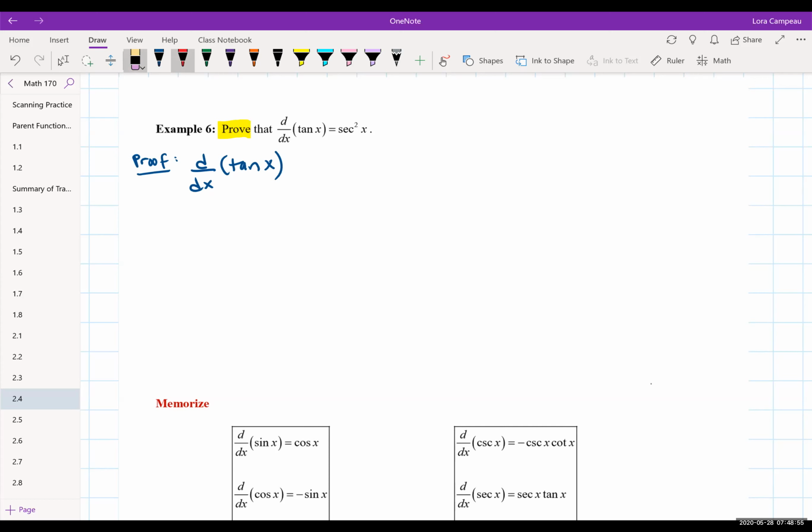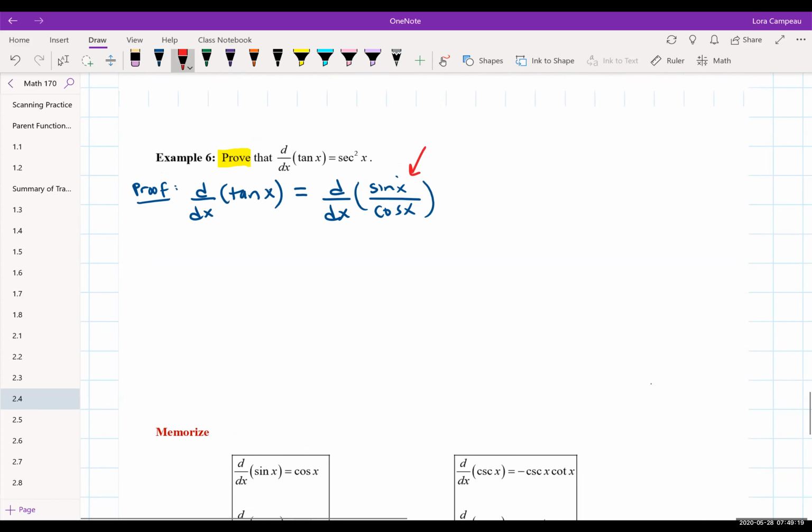And we can say, I didn't calculate the derivative yet, but the derivative of tangent would be the same thing. Trig identity coming back our way: sine x over cosine x. And now we have a quotient of two functions.